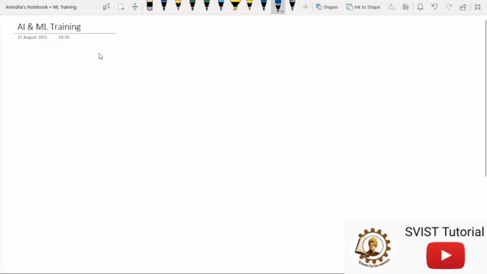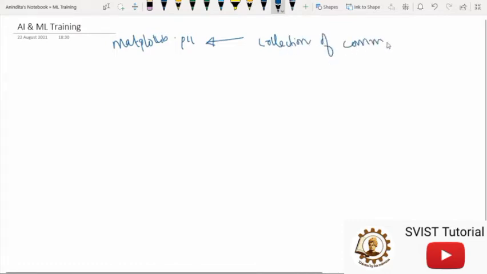Whenever I'm talking about matplotlib.pyplot, it is a collection of command style functions. Command style functions means they make matplotlib work like MATLAB.